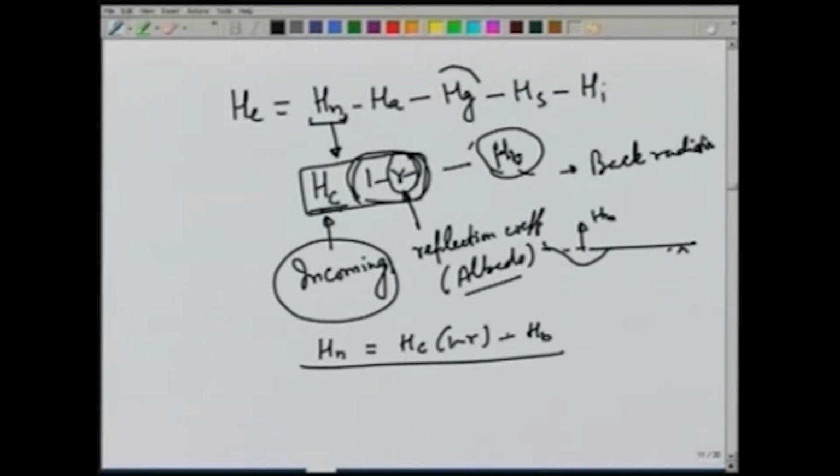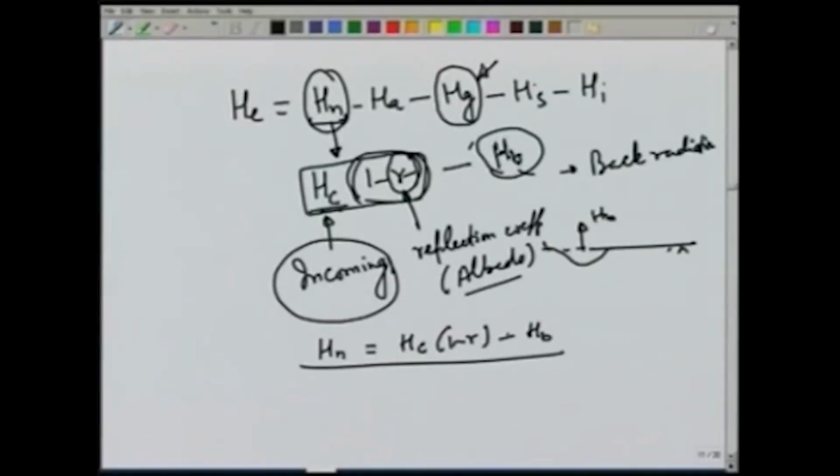Hg is the amount of heat which is transferred to the ground. So, Hn is easy to obtain. Hg is the amount of heat which is transferred to the ground. Knowing the ground temperature and the water body temperature, this is also easy to obtain. Hs is the heat storage within the water body.